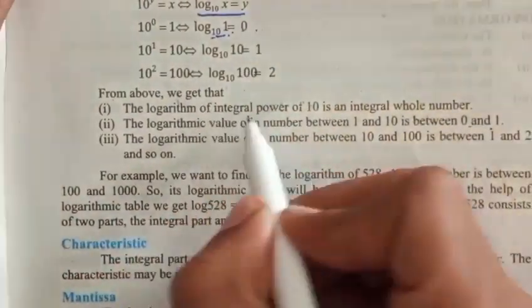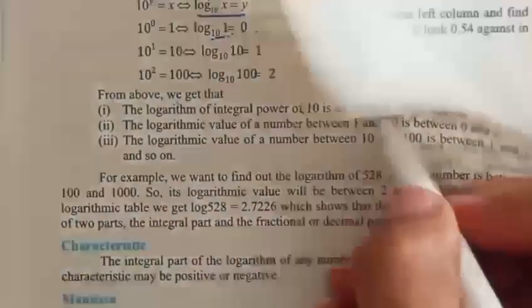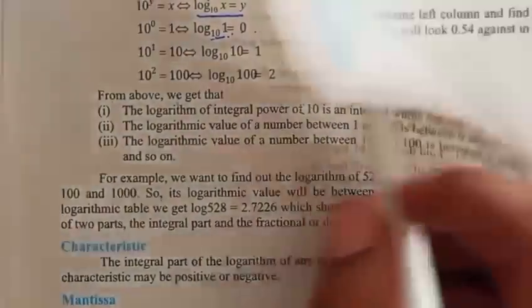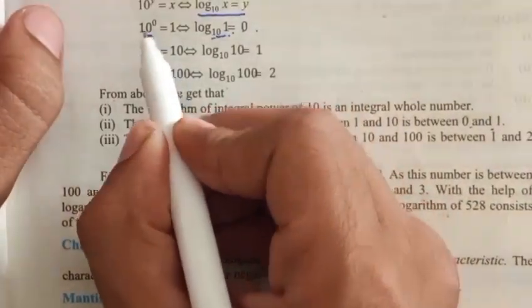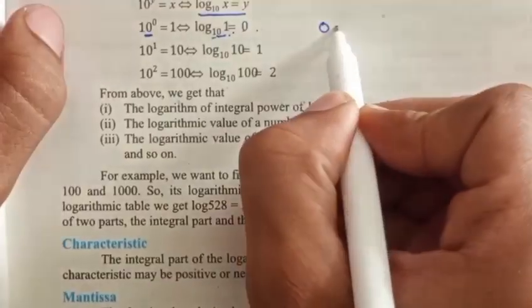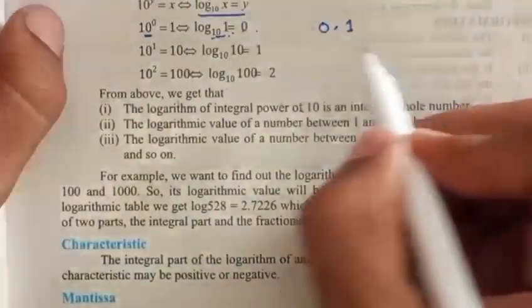The logarithm of an integral power of 10 is an integer, a whole number. Means see here, our base 10 is there, and the power is a whole number that starts from 0 to 1.